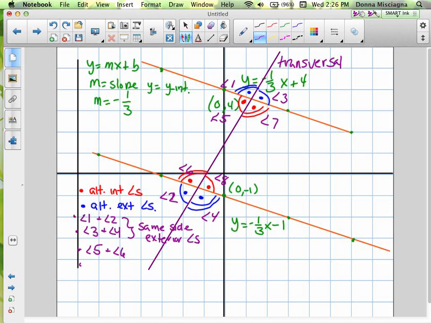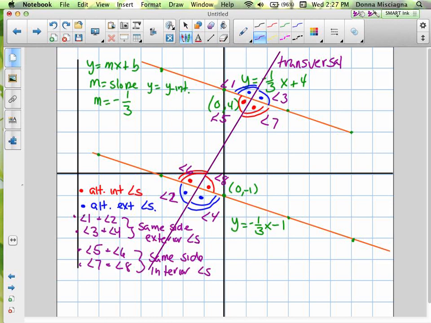And if the lines are parallel, they are going to be supplementary to each other. So angle 7, let's write that better. Angle 7 and angle 8 are the same side interior angles. And by the way, colorful is nicer.